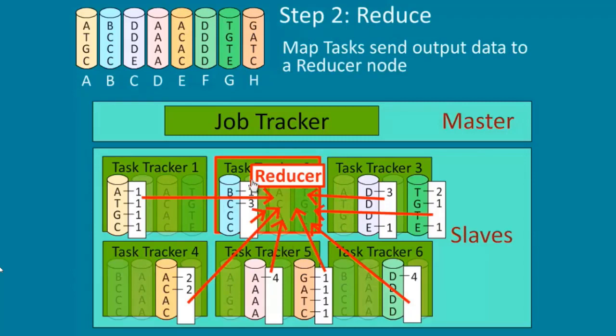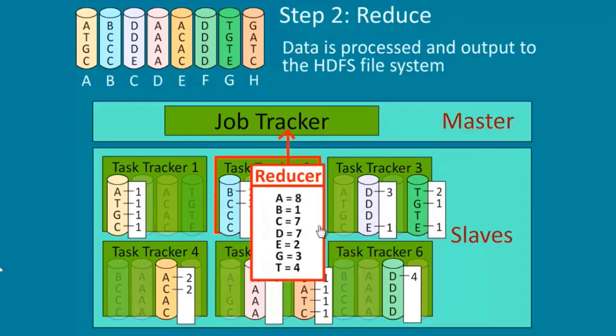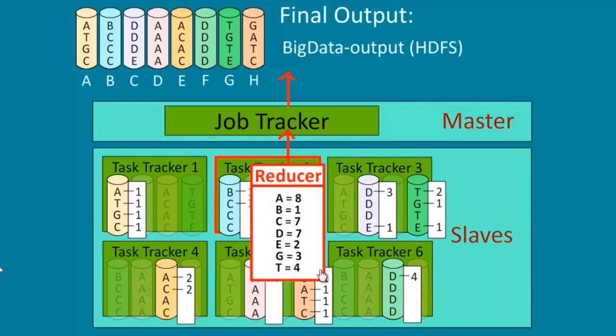In this case, task tracker 2 is now the reducing node, and it will collate basically all of that data, finish putting the data together, and then output the data to the big data output into the HDFS system. So it'll go back to the name node and finally to the client that's requested this query or this job. And now the Hadoop cluster waits for its next task or job.